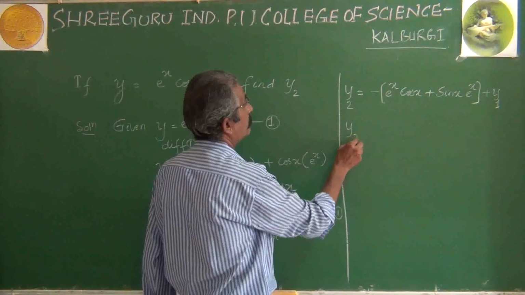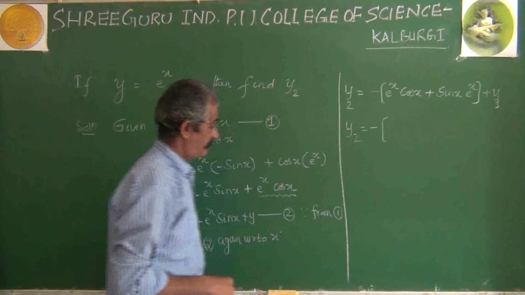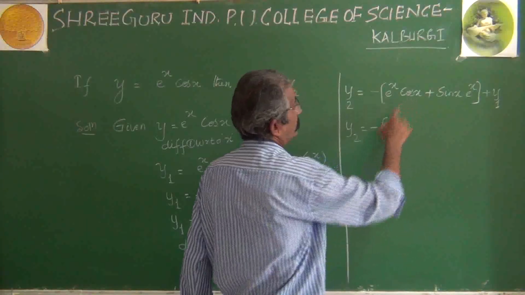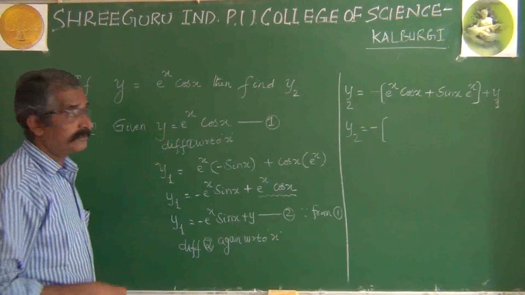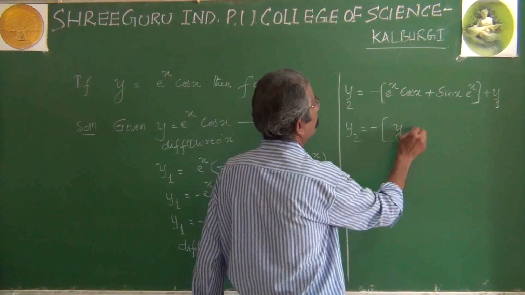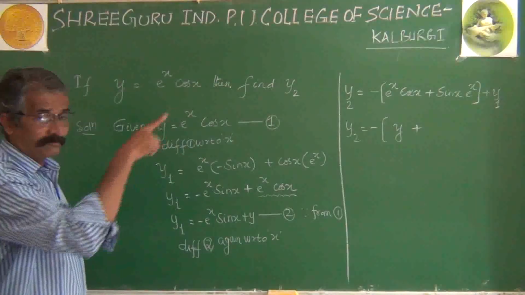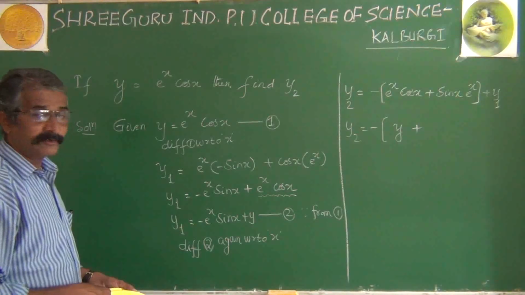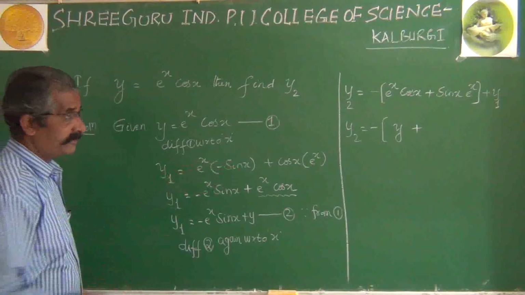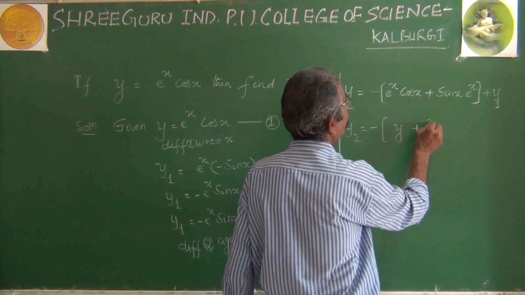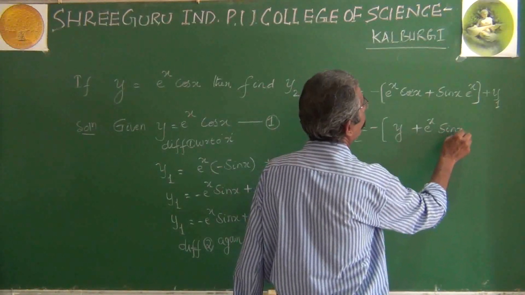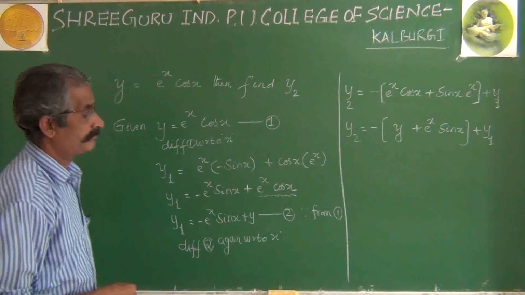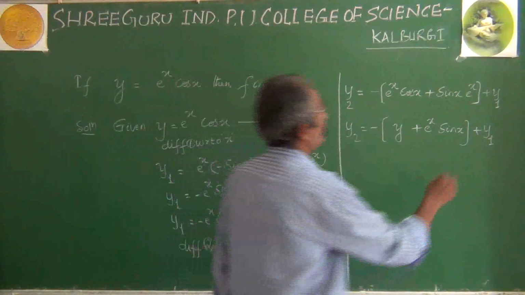Further, y2 equals minus of, again from equation 1, e power x into cos x can be written as y, plus e power x sin x plus y1. You may call it 3.